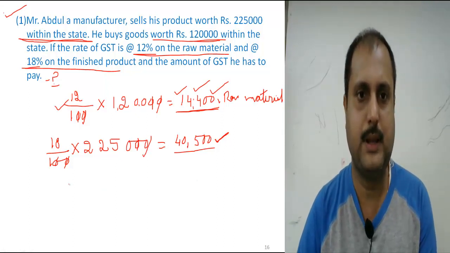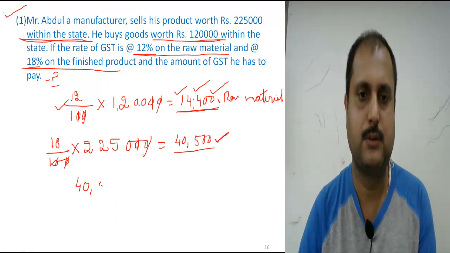Now let's subtract the input GST from the output GST. 40,500 is the output GST, and 14,400 is the input GST.